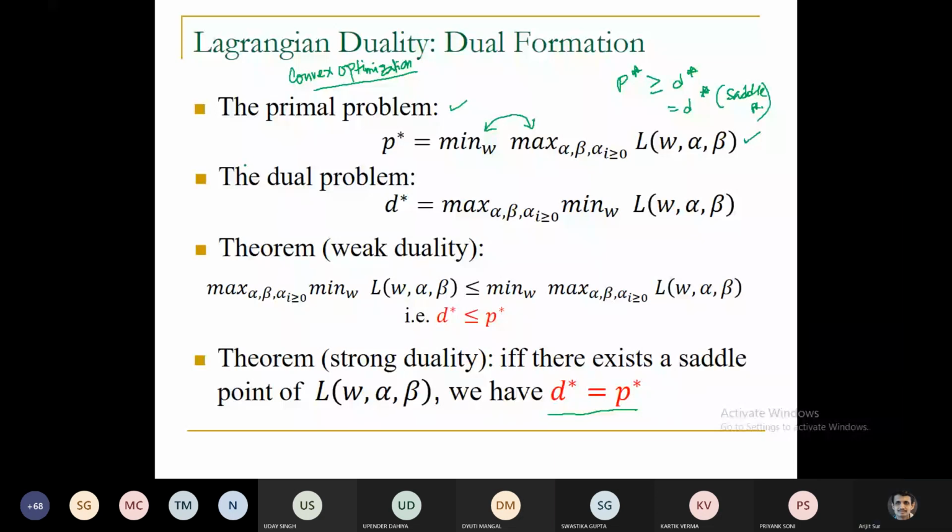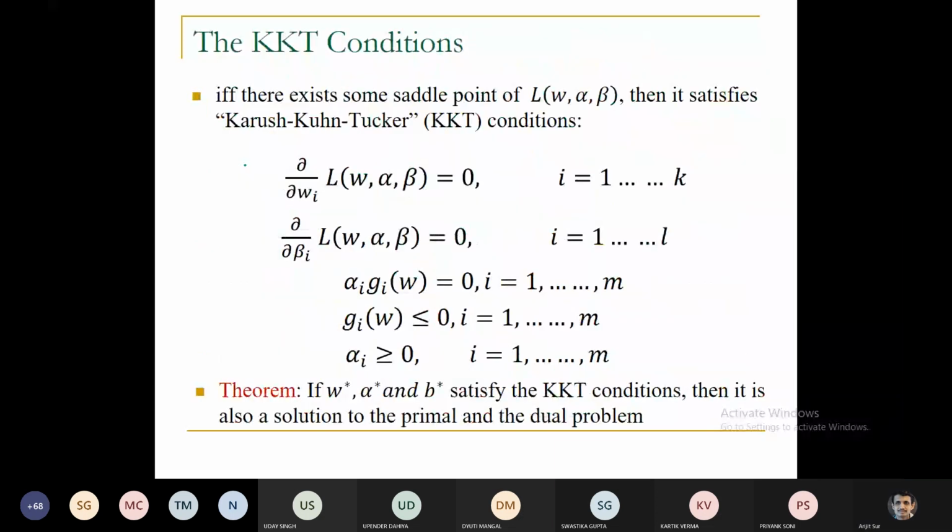Okay. Now there is one important condition. This is called the KKT condition. What is the KKT condition saying? If and only if there exists a saddle point, then it satisfies the Karush-Kuhn-Tucker condition.